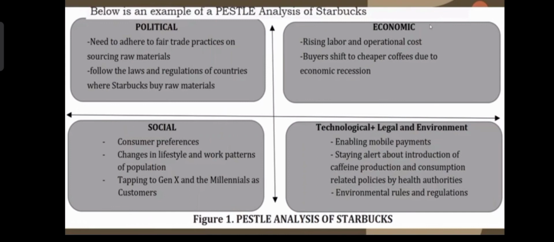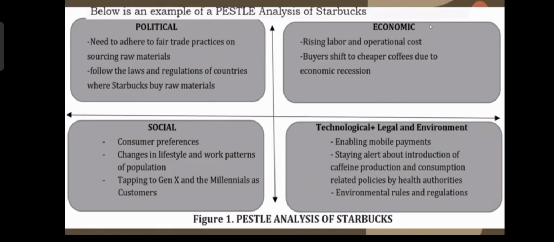So let's have an example again for the PESTEL analysis of Starbucks. On the political side, Starbucks needs to adhere to fair trade practices on sourcing raw materials, because the sourcing of inputs, or the suppliers of inputs, are very much important. We need to know what the law is on fair trade practices.